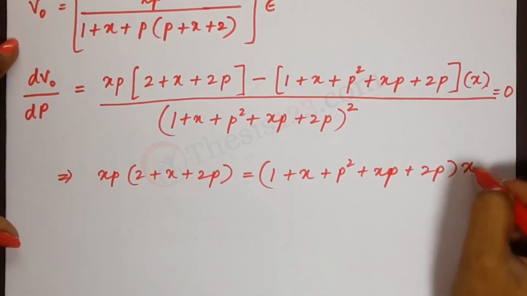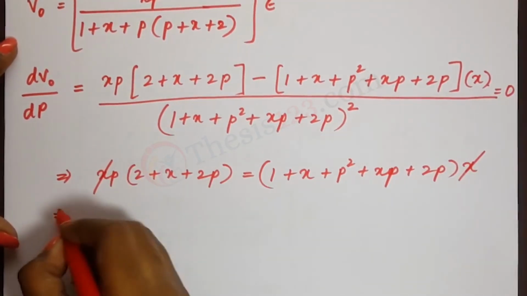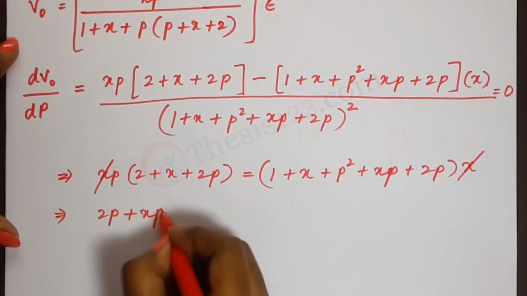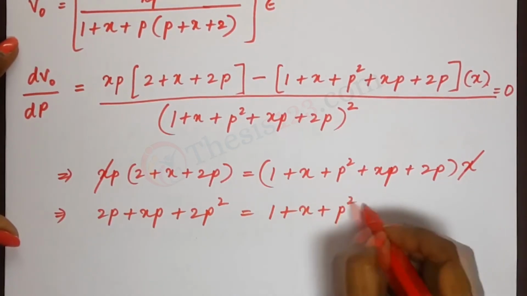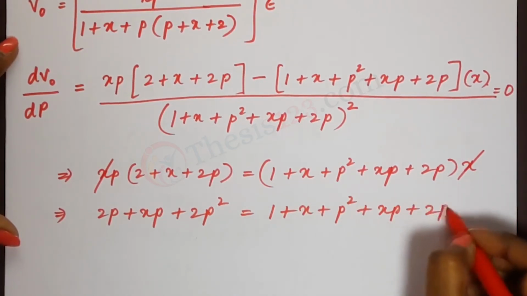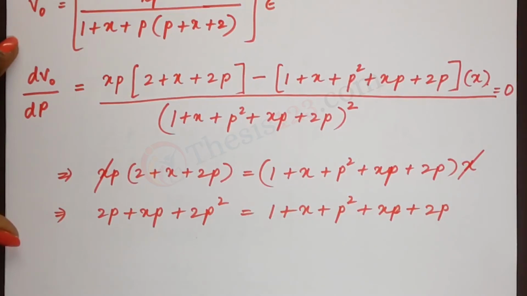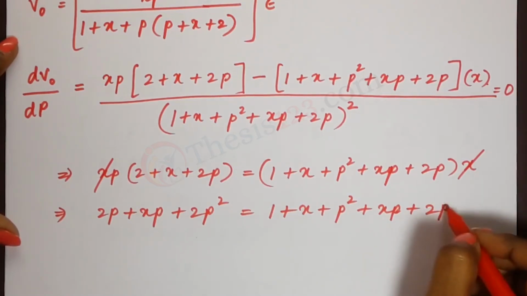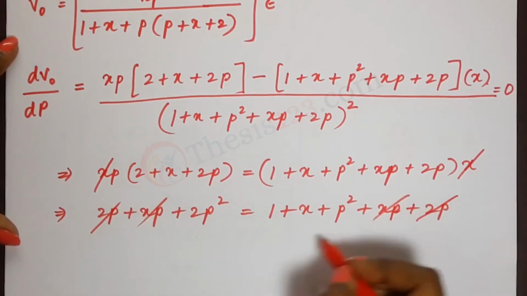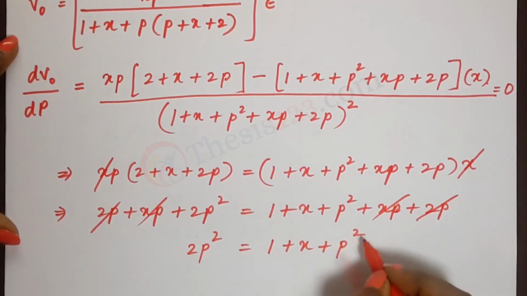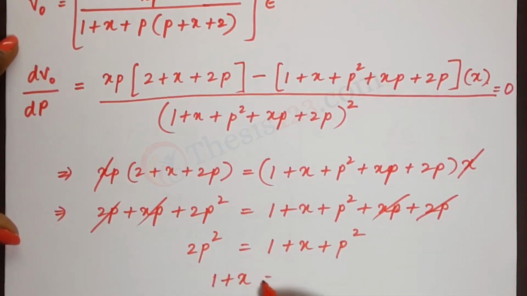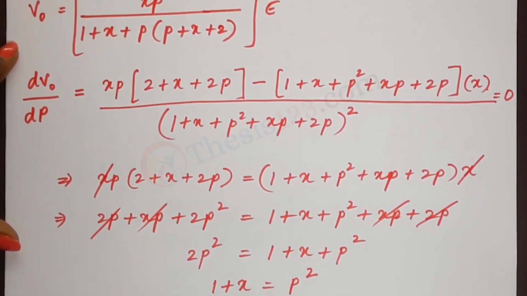Now we can cancel out X on both sides. 2P plus XP plus 2P square is equal to 1 plus X plus P square plus XP plus 2P. Let's see, can we cancel out anything else? We see that 2P can cancel out, XP cancels out. We are left with 2P square is equal to 1 plus X plus P square, which further gives us 1 plus X is equal to P square. So now what is P? P is equal to root of 1 plus X.